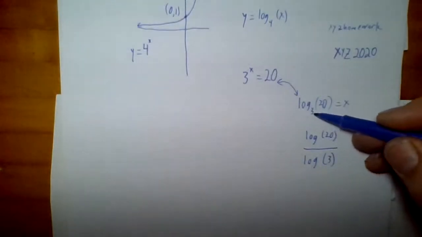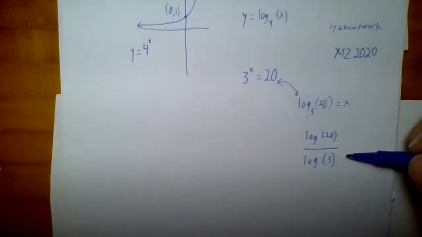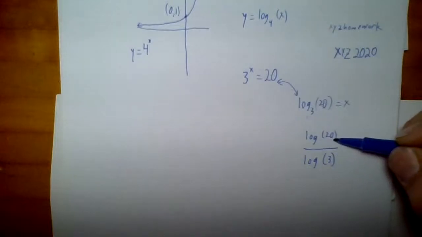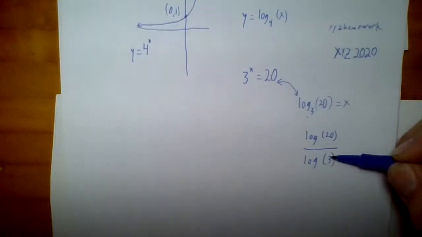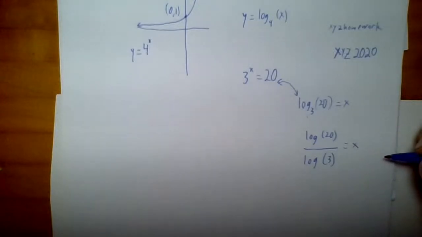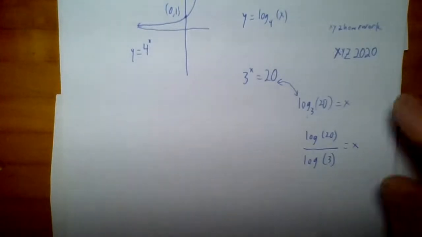So this had a weird base 3. I want to get rid of that. I can change it to regular log of 20. I just have to divide the value by the log of 3, and that'll still be the same expression. So that's going to give me the actual solution to that.